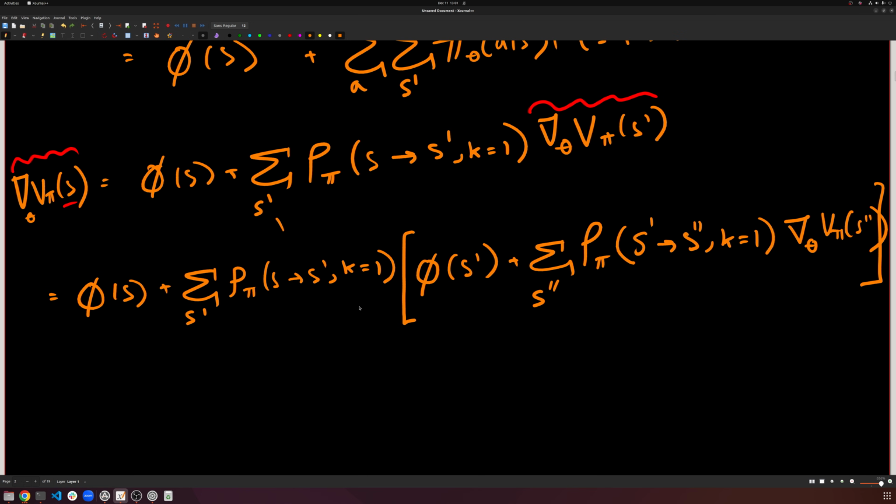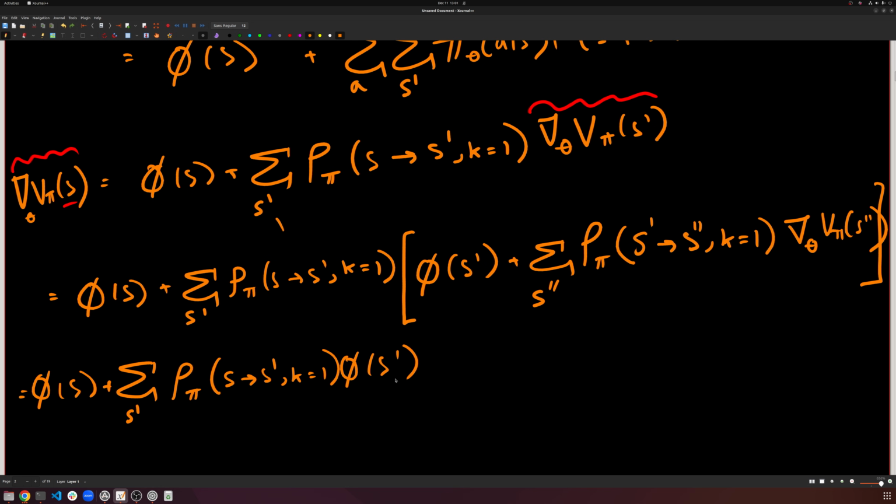And now that we have that, we can do a little bit of distribution. So we can do phi s plus, and let's just distribute. So we have the sum over s prime, and we have first rho times phi s prime. So let's actually just keep the ordering the same, rho pi s to s prime, k equals 1 times phi s prime. That's the first one.